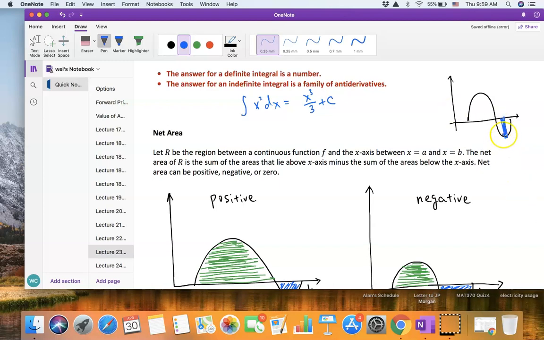Because this piece of the graph is below the x-axis, the function value is a negative number. And the width is always positive, no matter how short it is. So that's why the area of this rectangle is negative. Therefore, the sum of rectangles like this will still be negative. That's why the area of this region will be negative.